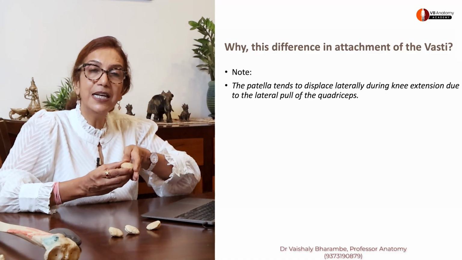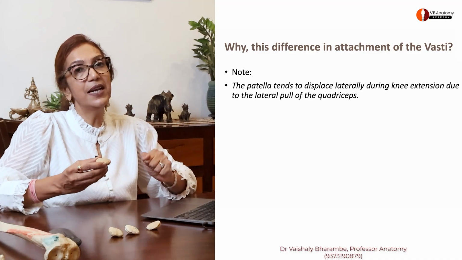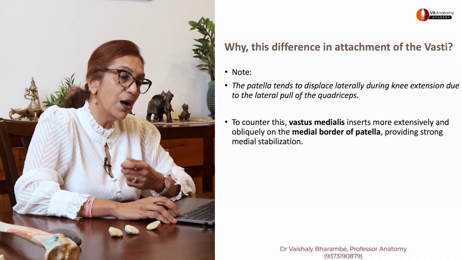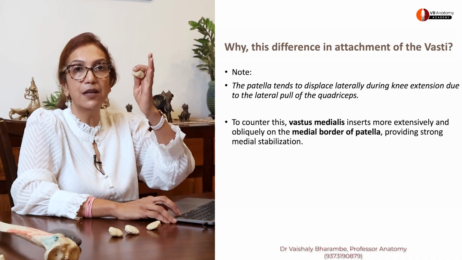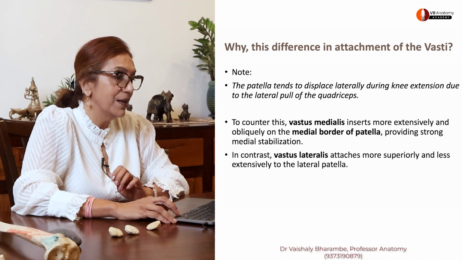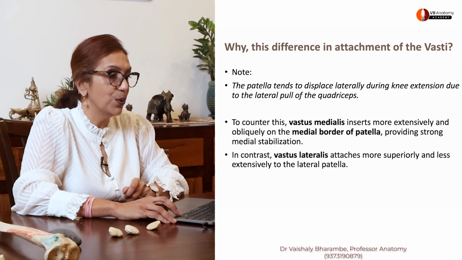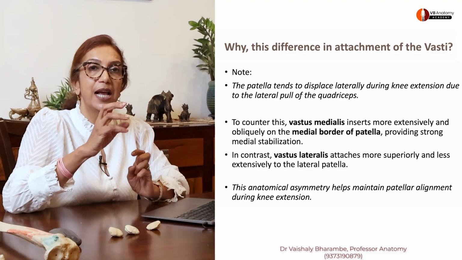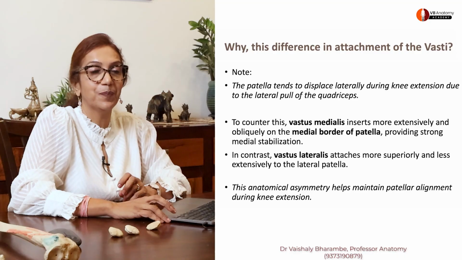Because of that extended attachment, the patella is held on to, preventing it from getting laterally dislocated. To counter this lateral dislocation, vastus medialis gets inserted along the medial border. Vastus lateralis gets attached more superiorly. This anatomical asymmetry helps to maintain the patellar alignment at the knee joint.